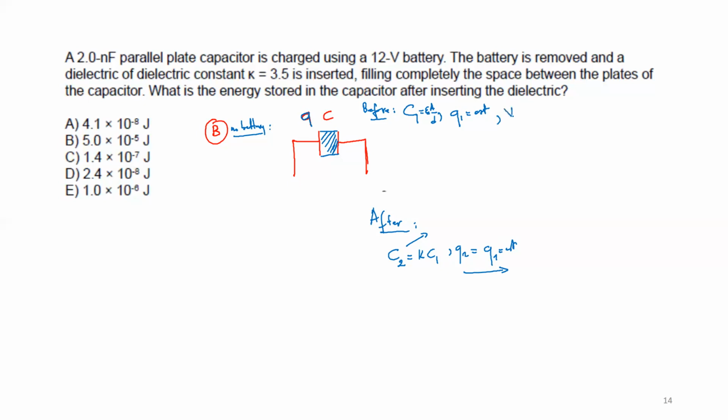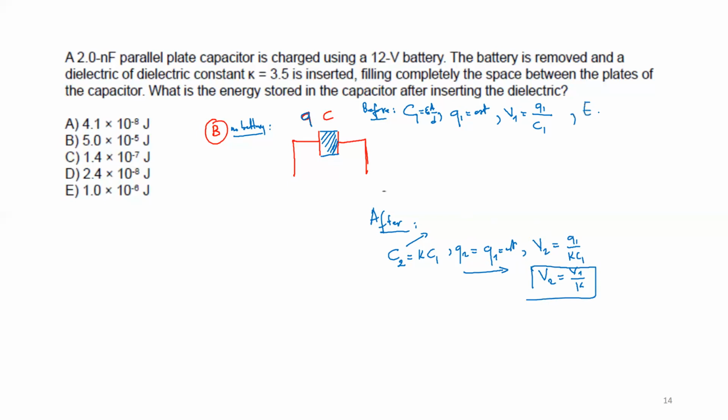Now the voltage before, V1, was just the charge Q1 divided by the capacitance C1. Now the voltage after, V2, will be the charge Q2, which is the same as Q1, divided by C2, and C2 is kappa C1. So the voltage after is just V1 divided by kappa. So the voltage has decreased. If I put a dielectric in a disconnected, fully charged capacitor, the voltage is decreased by a factor kappa. And we already discussed this in class.